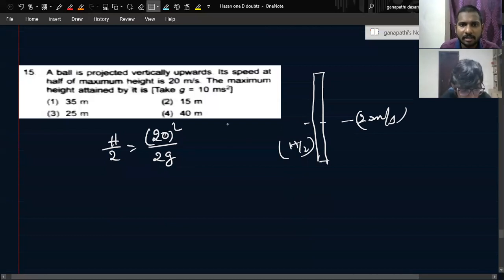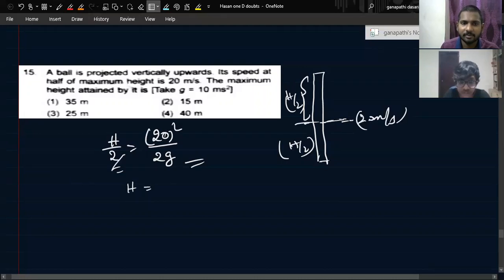Is this what you solved? Same method. The maximum height it can go from this half distance is h by 2. That h by 2 is equal to u square by 2g. That u is 20 square. So that is 400 by 10. That is 40 meter.